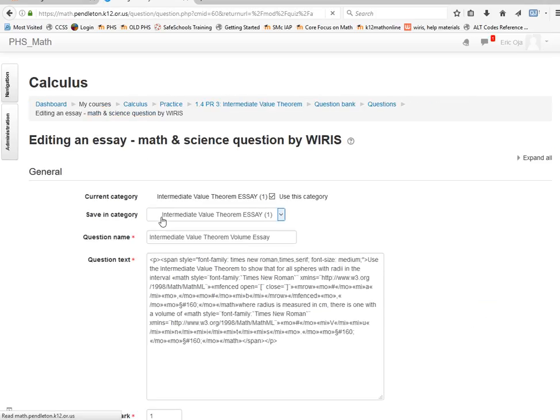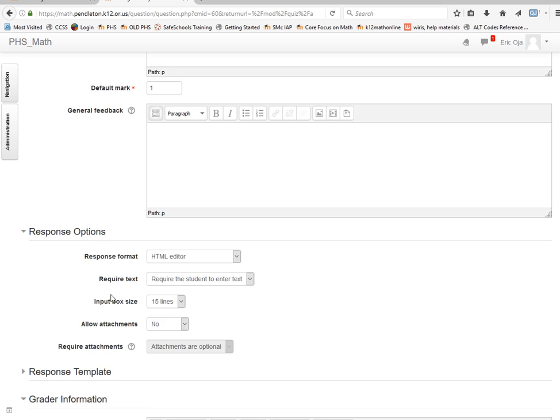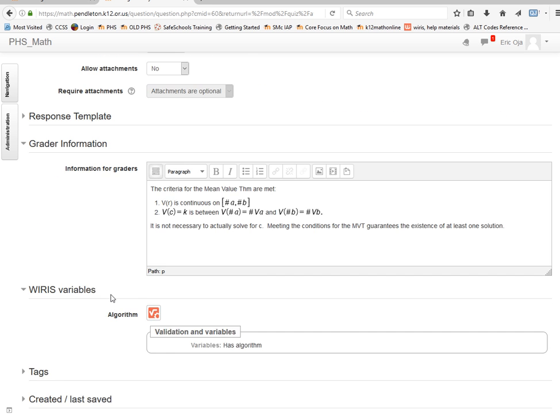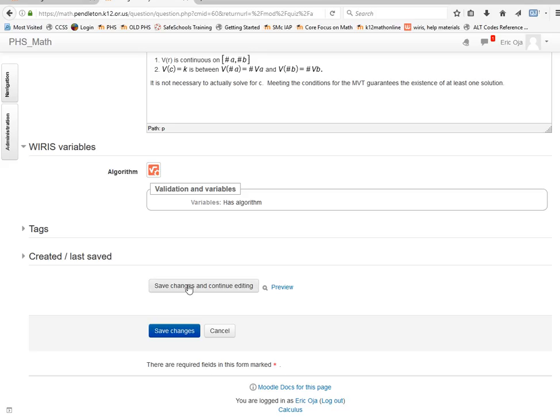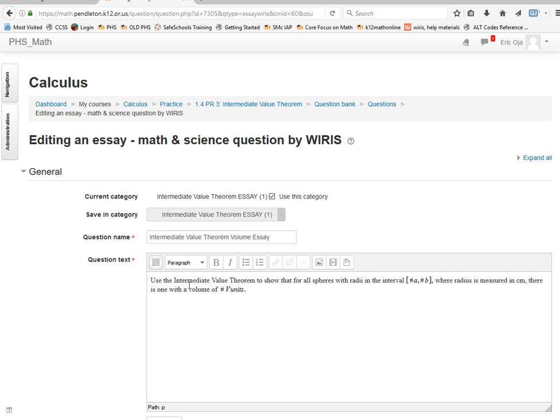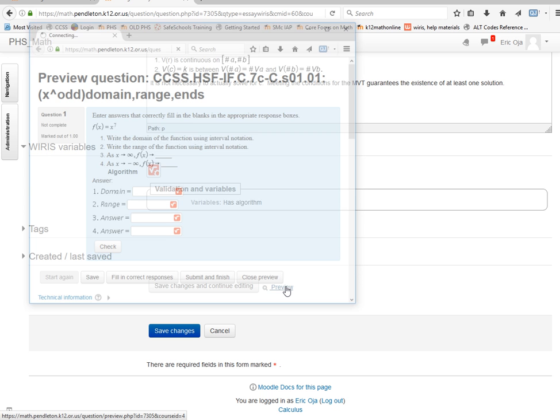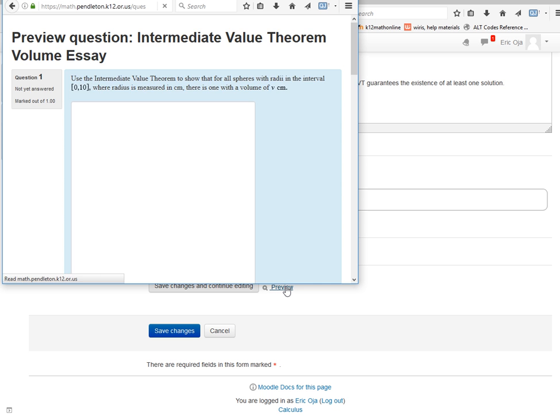If you want to refresh that one, I want to give you the ability to attach stuff if you want to. So I'll allow attachments. So now if you go to this thing, it'll look like this, hopefully.